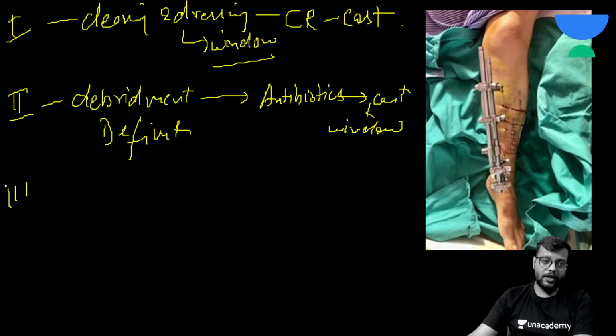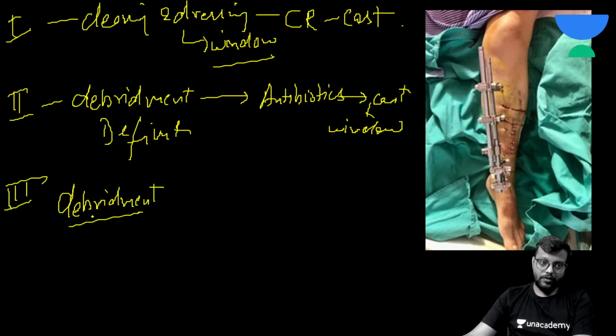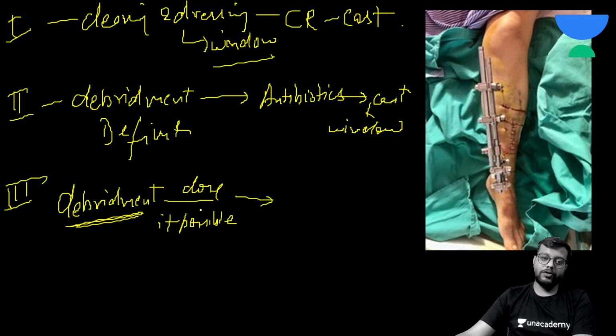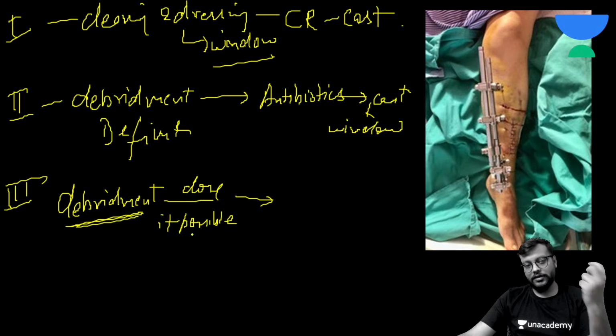Now grade 3. Grade 3 में first of all you have to do the debridement, and close if possible, but if the bone is exposing and closure is not possible, you have to leave it as such.